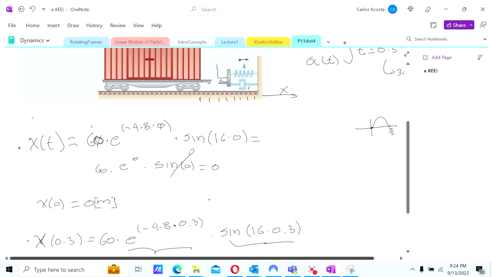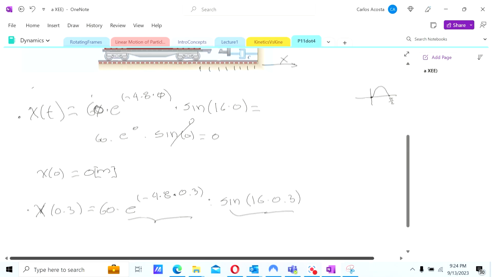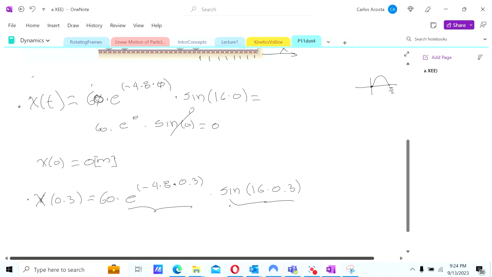So this portion right here is e to the negative 1.44 times sine of 16 times 0.3.